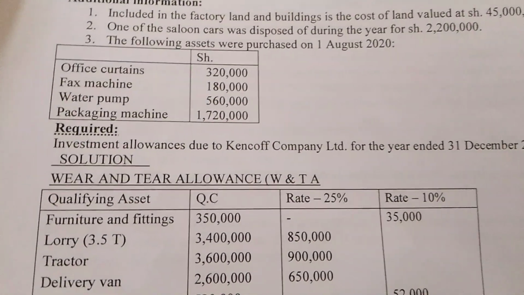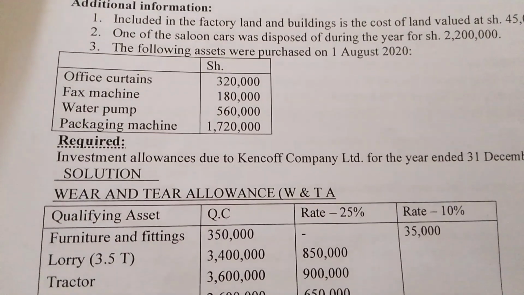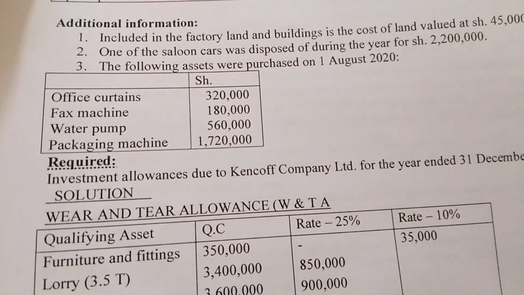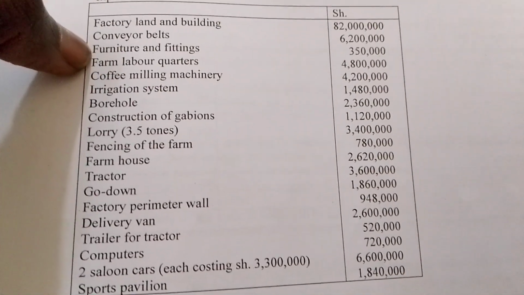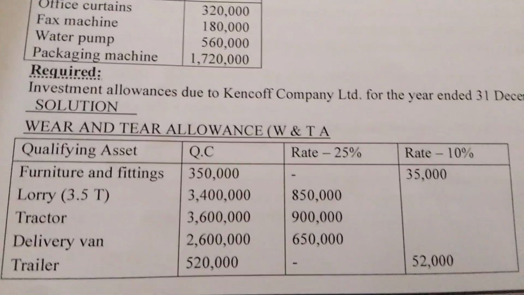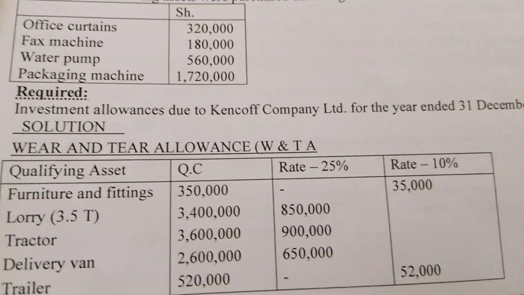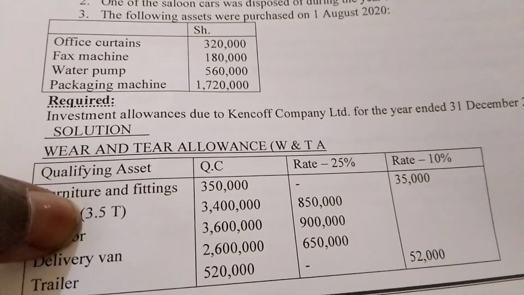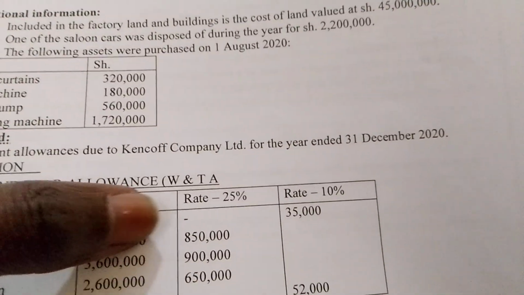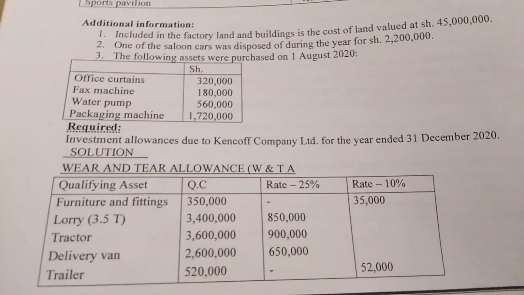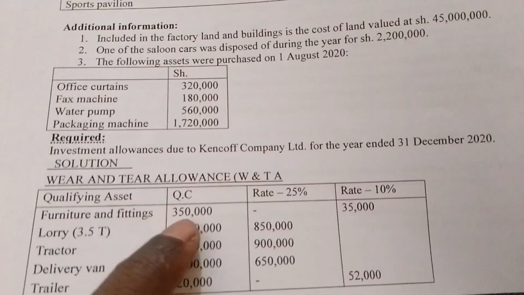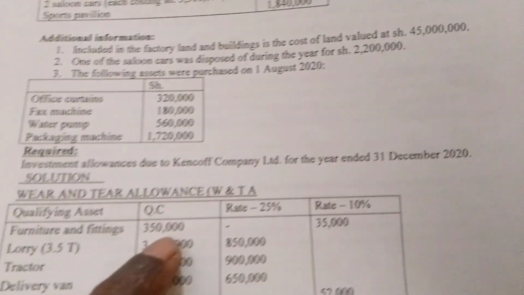So start with furniture and fittings. You are given their cost at 350,000. You have a column here for qualifying asset, then qualifying cost, and the rates are given. So you just put the cost of furniture and fittings, 350,000.